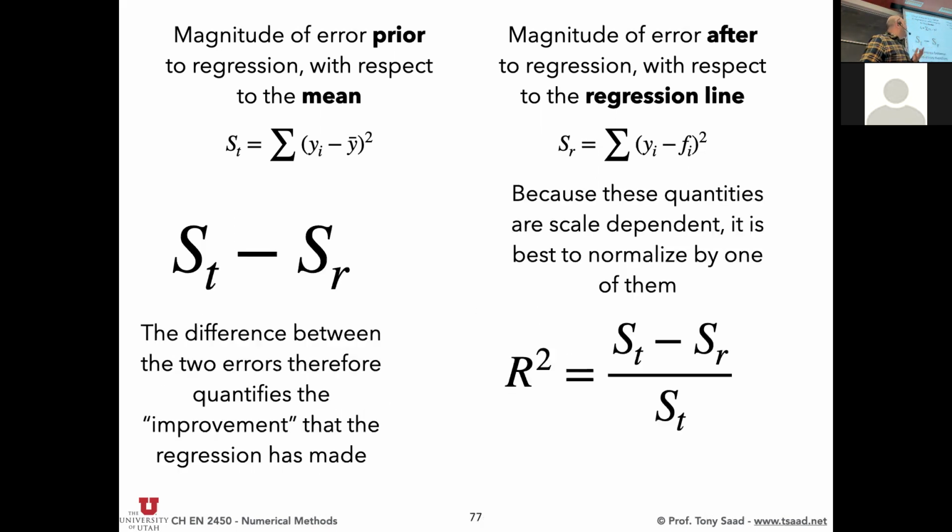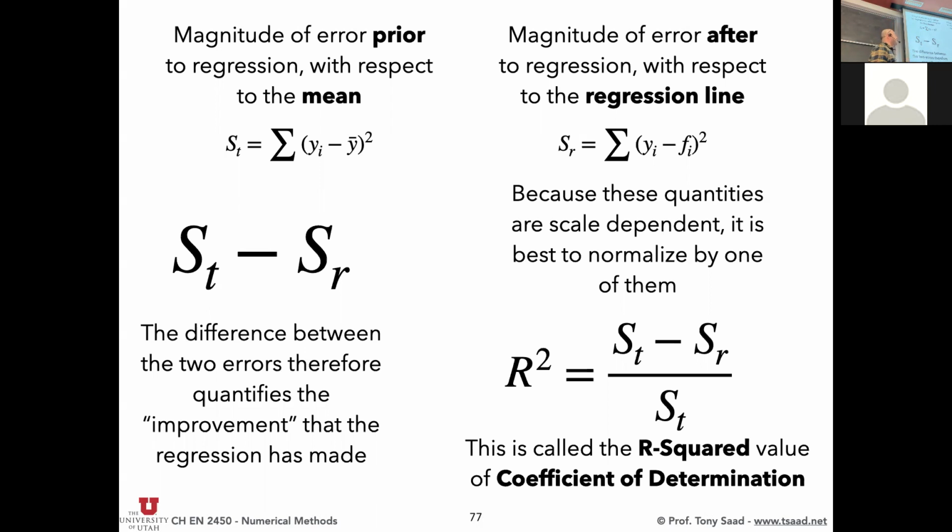So to simplify this calculation, we simply normalize by the error committed using the mean value so that we get something between 0 and 1, okay? And we define a quantity called the R-squared value, or the coefficient of determination. It's simply the difference between error prior to regression and error after regression, normalized by the error prior to regression. This quantity is always between 0 and 1, okay?